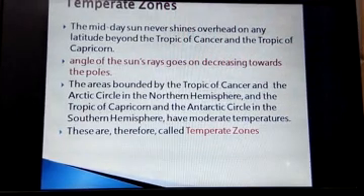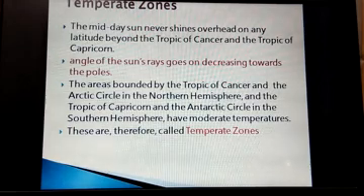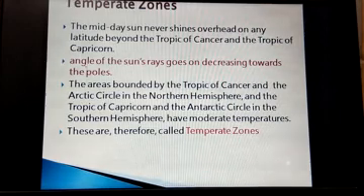This is the temperate zone. At midday, the sun never shines overhead in any latitude beyond the Tropic of Cancer and Tropic of Capricorn. The sun does not shine directly; we receive reflected rays at angles, not direct rays. The angle of the sun rays keeps decreasing towards the pole. That's why this area is temperate.